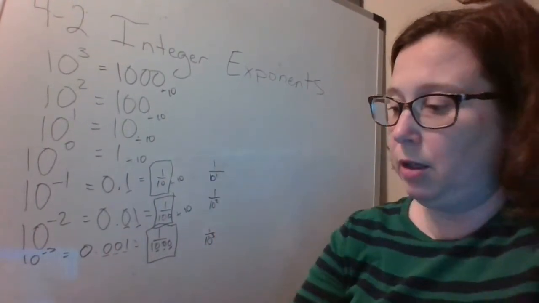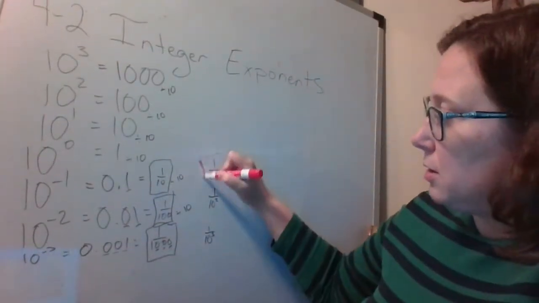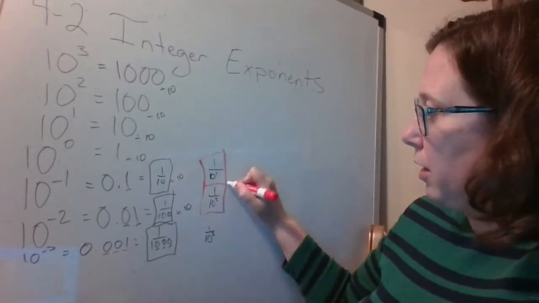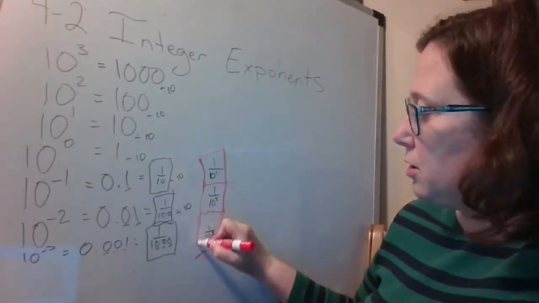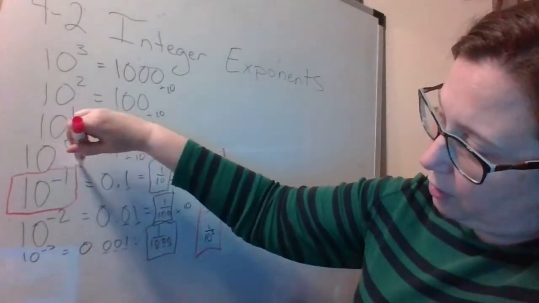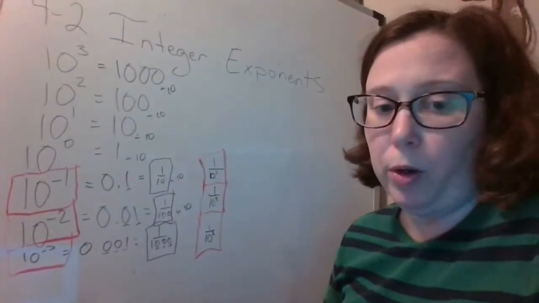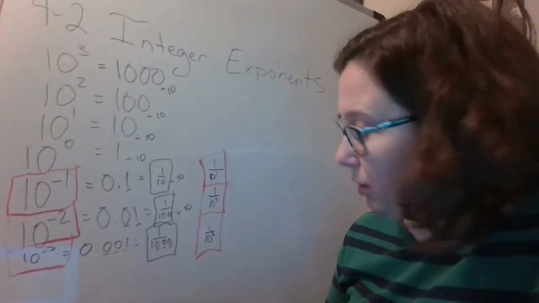Check out the pattern that exists here. So we've got these 3 new fractions that correspond with these powers of 10 with negative exponents.